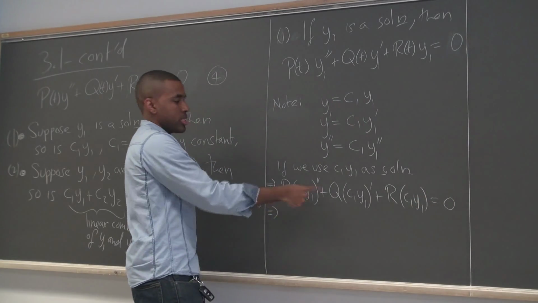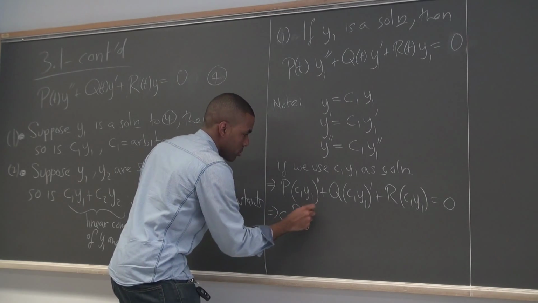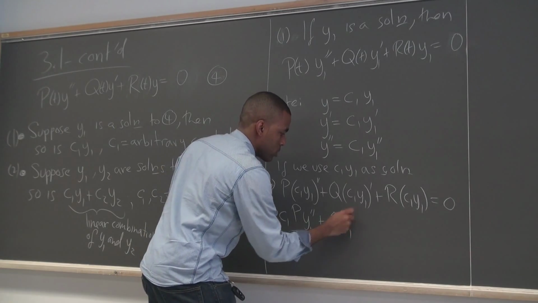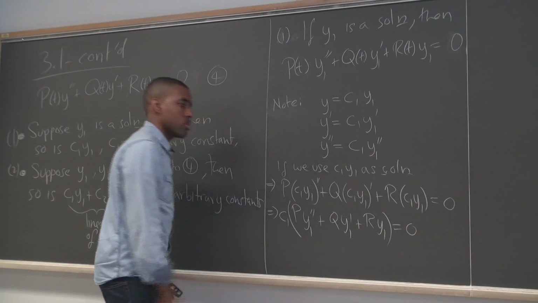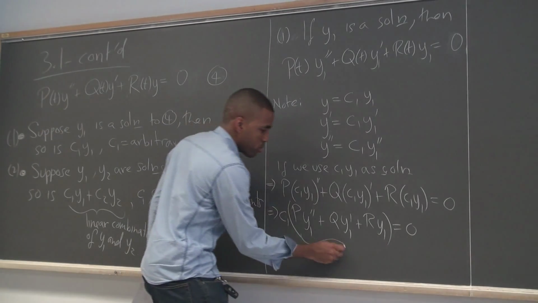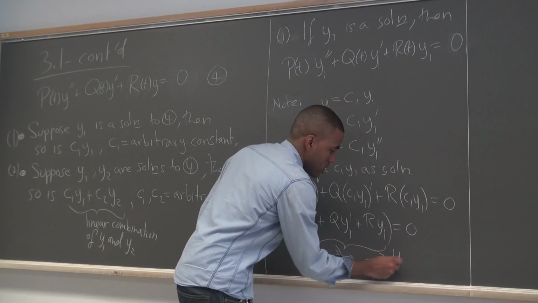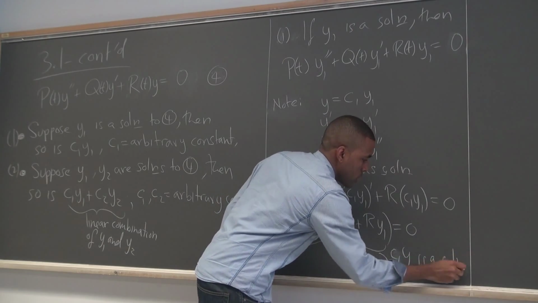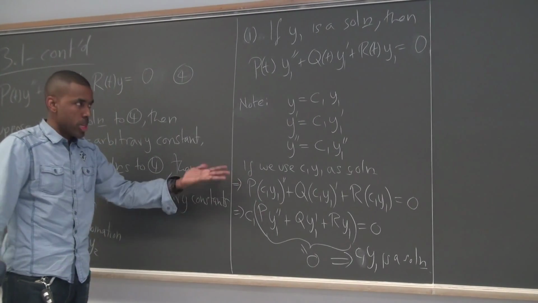Because this is a constant, you can just factor it out: c1 times p y1 double prime plus q y1 prime plus r y1 equals 0. It's a constant factor. The derivative won't affect it. And we know from before that this was 0. So that means C1 y1 is a solution. Because if I plug in a constant times this thing, the equation is still true.